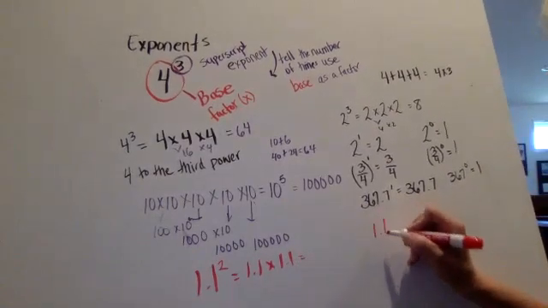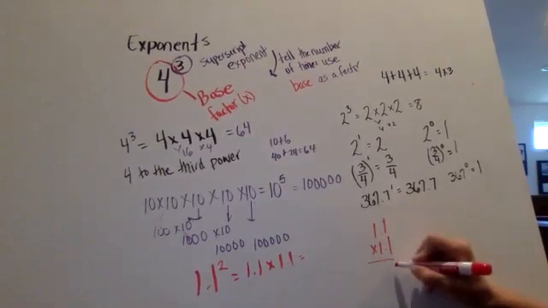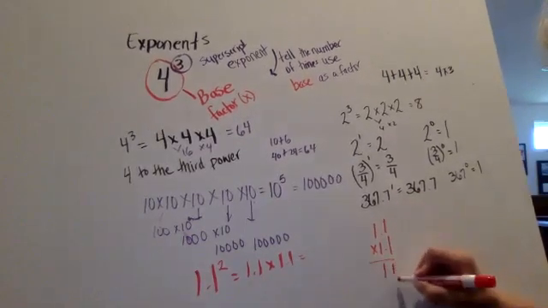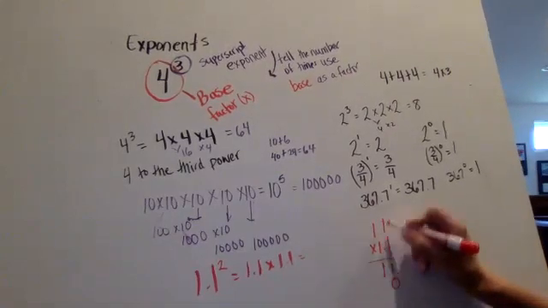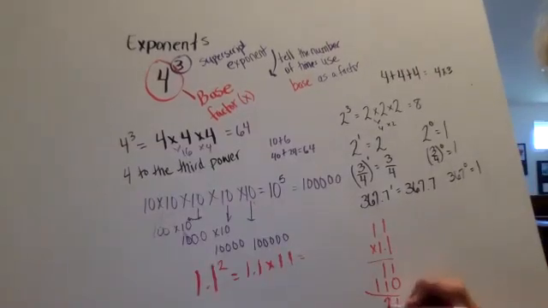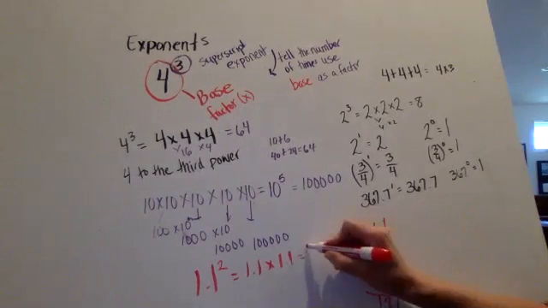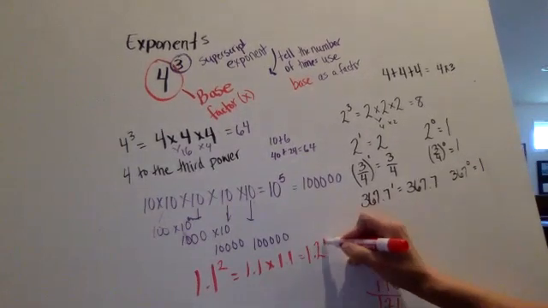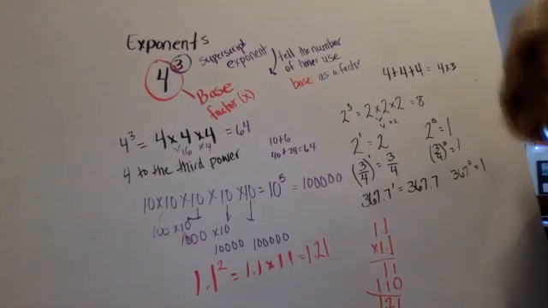So 1 times 1, 1 times 1. Now it's 10, I'm in 2nd place, times 1 again. And I have 2 places. So the value of that is 1 21/100.